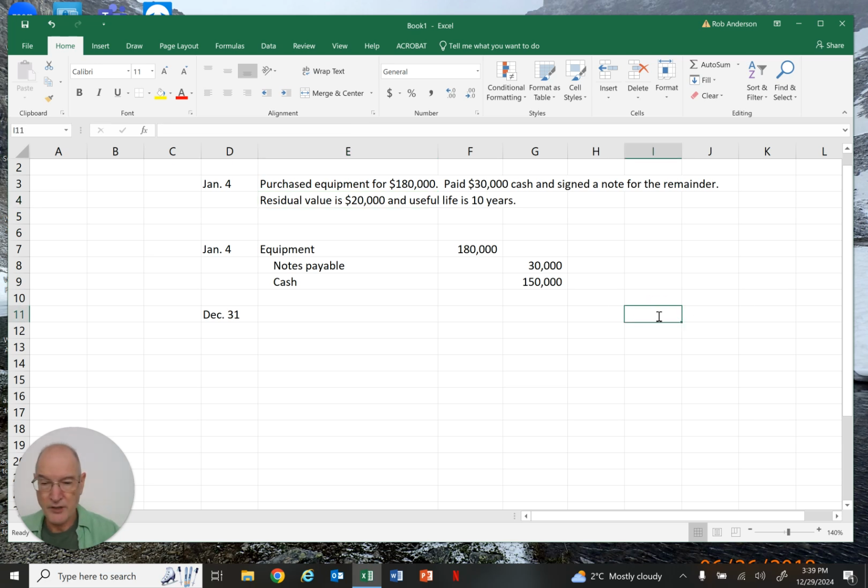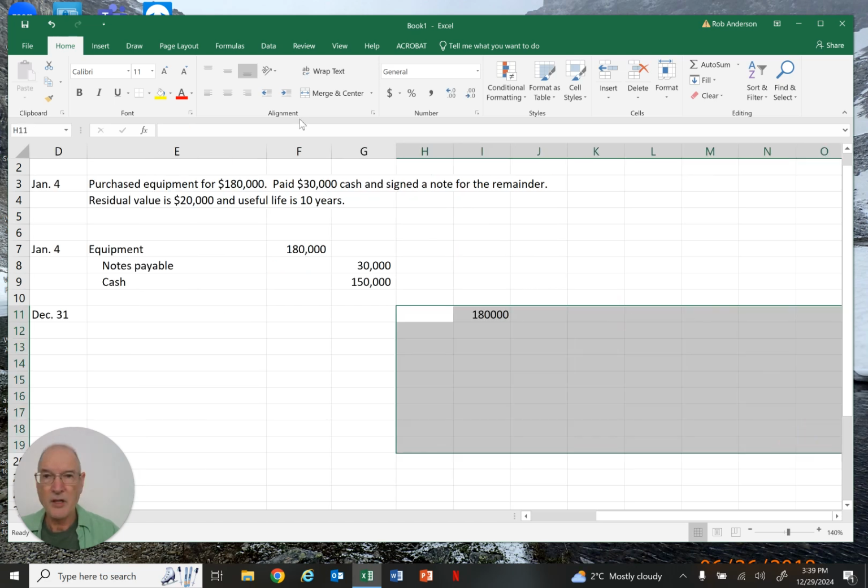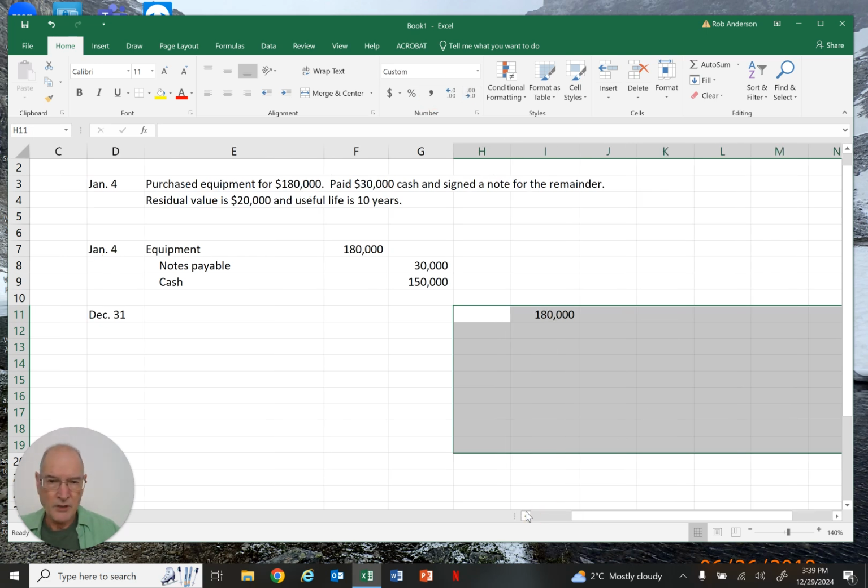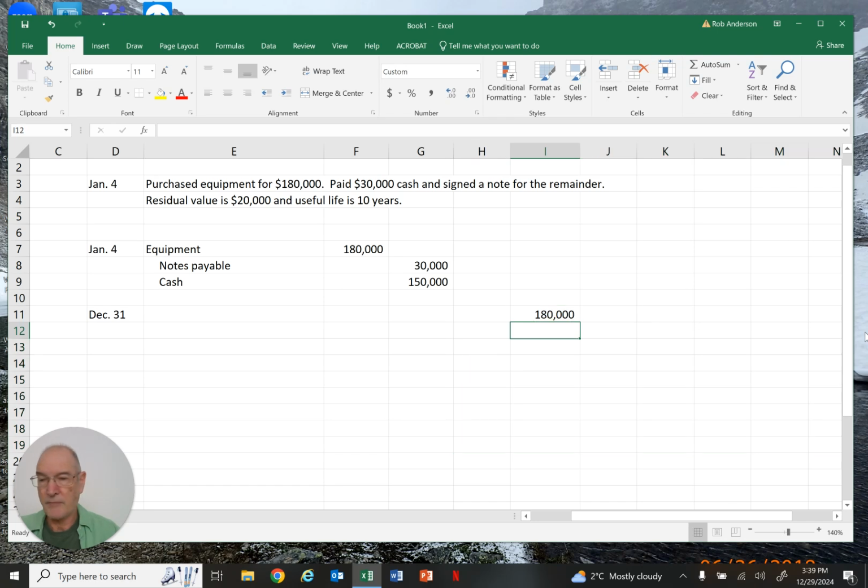We're starting with $180,000. Just format this a little nicer. Okay, so we're starting with $180,000 as the purchase price. Next, using the straight line method, we deduct the residual value.